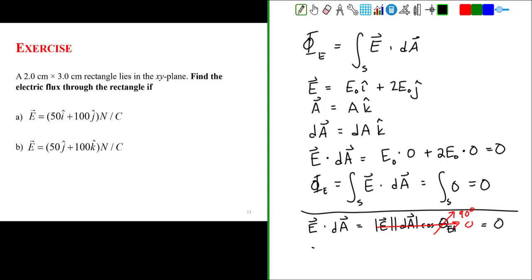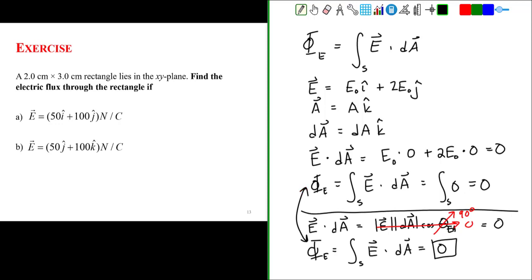Which means that the electric flux of the electric field for part A that lies only in the xy plane and the area of the rectangle that lies only in the xy plane provides an electric flux equal to 0. So we had two ways in which we calculated this using calculus.